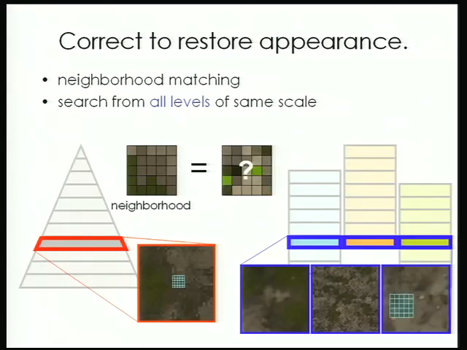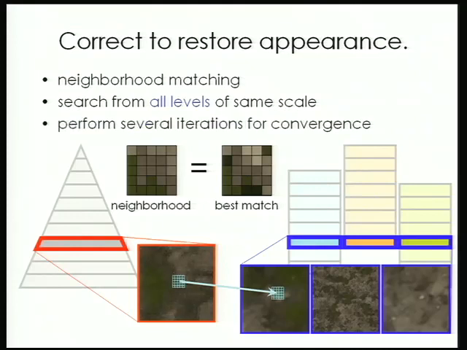Now, once we've found this best matching neighborhood, we simply store its coordinates back into our pixel of interest. Now, we're also doing this in parallel for all of the pixels in our synthesized level, so we're also going to have to perform several iterations of this process to converge to a nice solution. And those are really the basics of our algorithm.